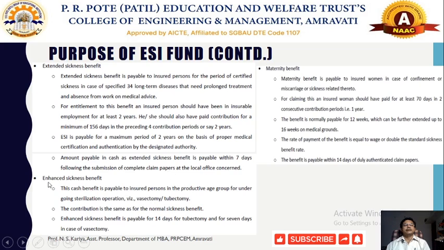When we are talking about enhanced sickness benefit, it can be obtained by the insured person, either male or female, particularly during the productive age groups. There are some activities with respect to male and female, called sterilization operations, vasectomy and tubectomy.